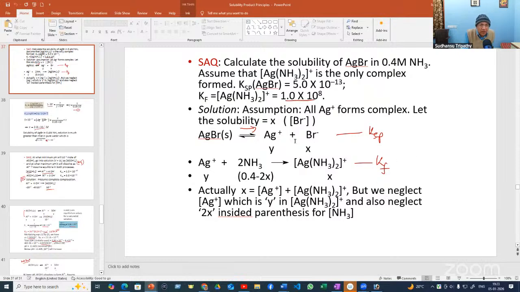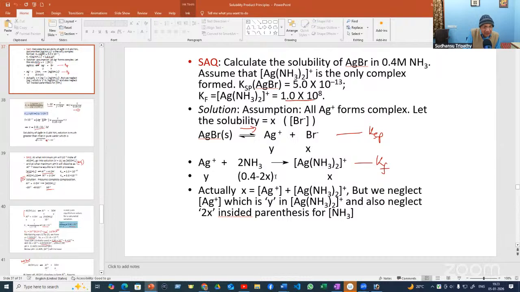So whatever Ag plus is formed in the first, without adding ammonia, all will go. Before adding ammonia, supposing the solubility is x, it is the concentration of the uncommon ion, x.